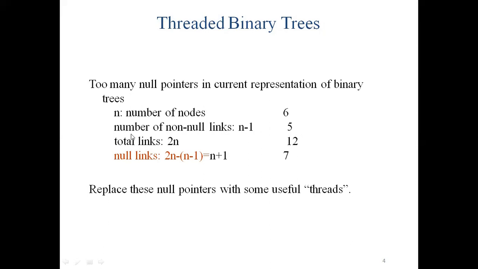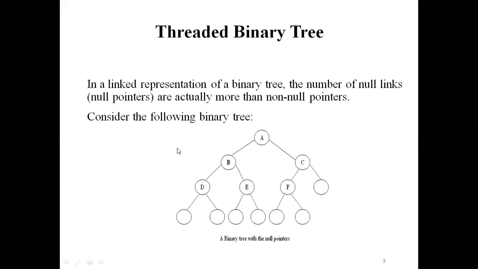And the total number of links are given by the formula 2n, where n is the total number of nodes. So total number of links for this tree is equal to 12. 1, 2, 3, 4, 5, 6, 7, 8, 9, 10, 11 and 12.